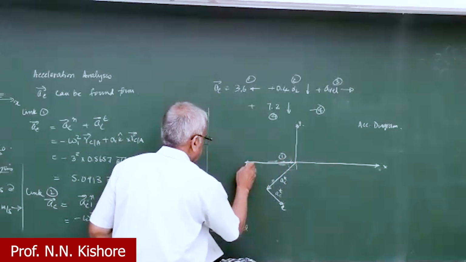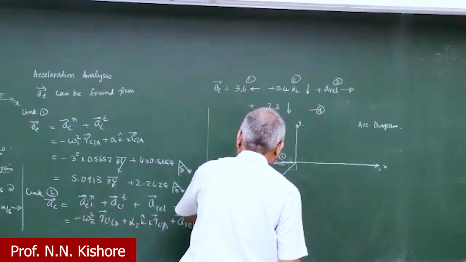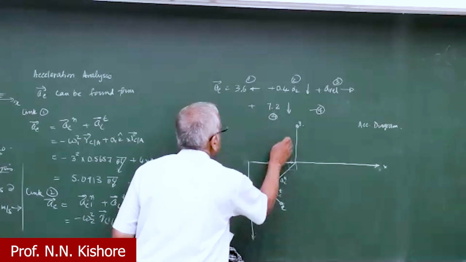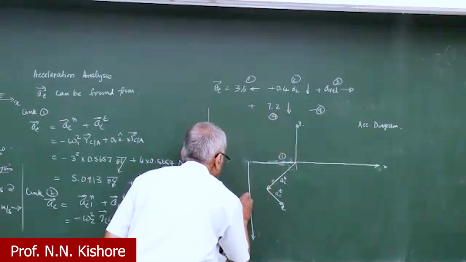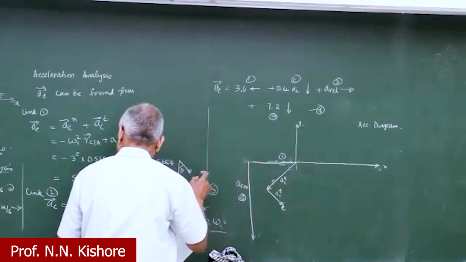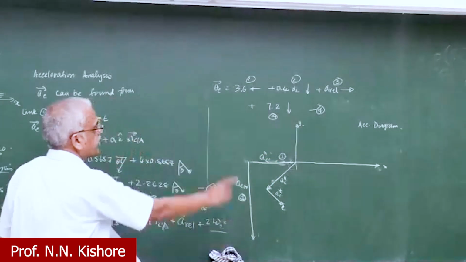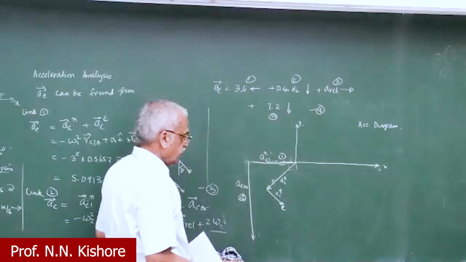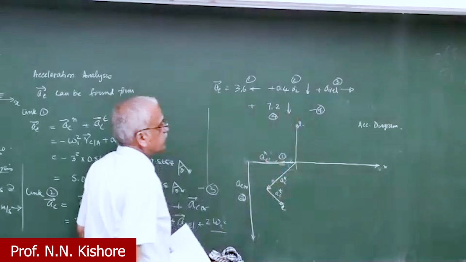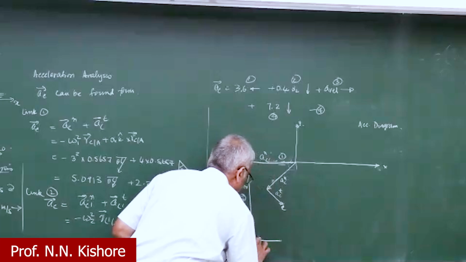So joining these two and going up here. This is the 3 component, which is rel, and this is 0.4 times alpha.